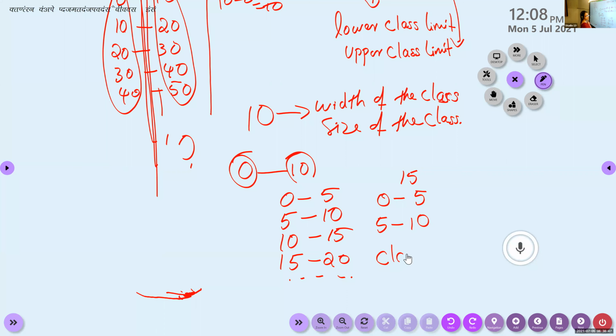So the class width is, children? Class width, 5.